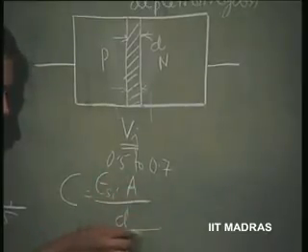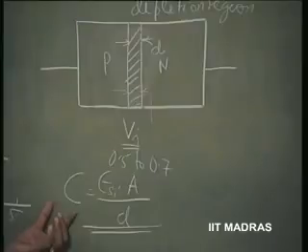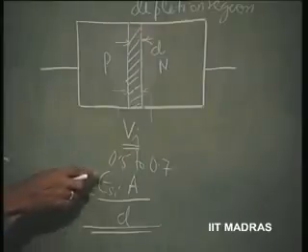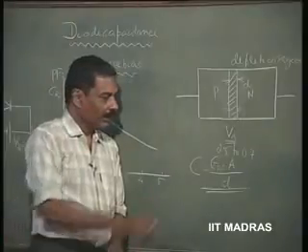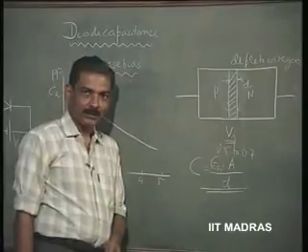The normal way parallel plate capacitance is defined is nothing but the distance between the parallel plates, which is d, coming in the denominator, epsilon, into the area of the capacitance plates.